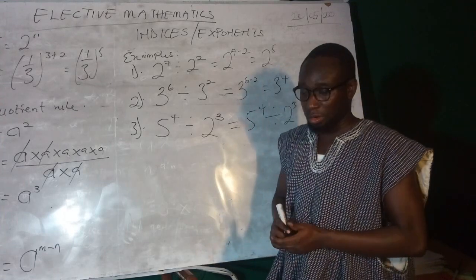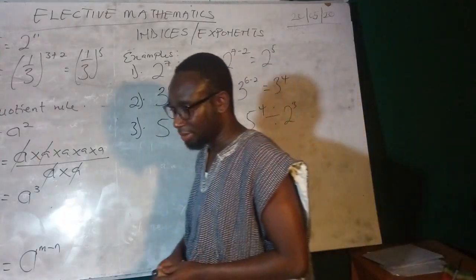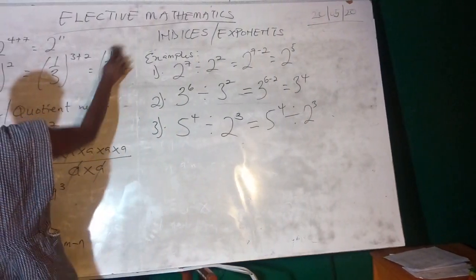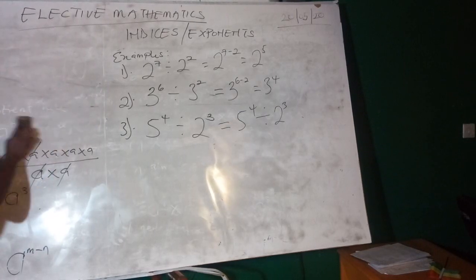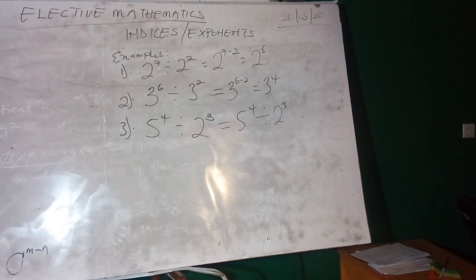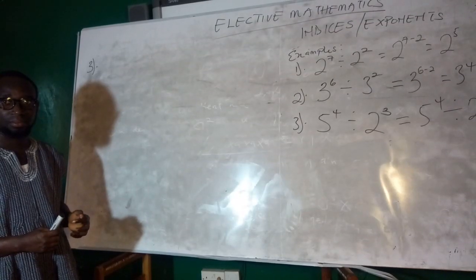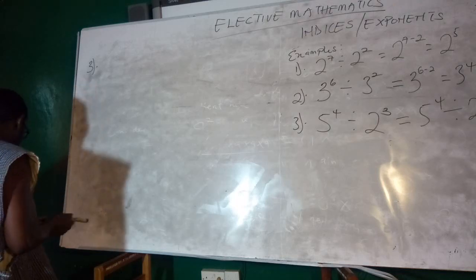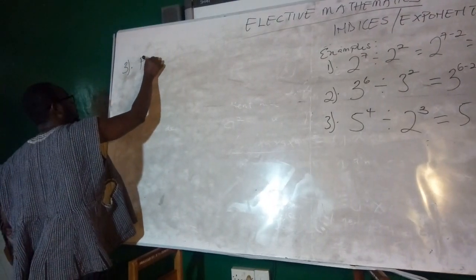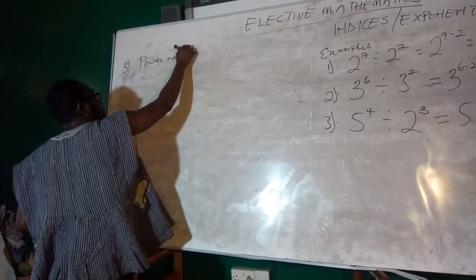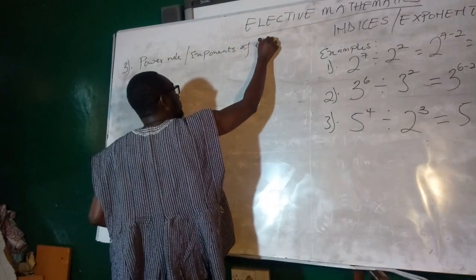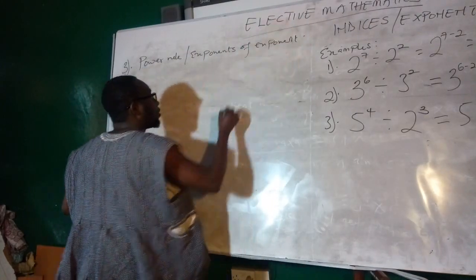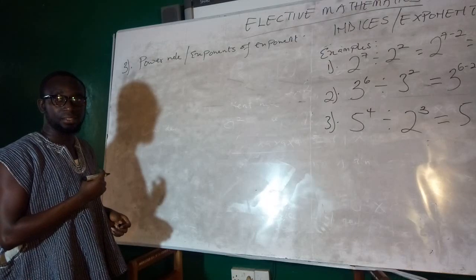Okay, now let's look at the third law. Okay, so the third law, we are going to call it the power law or the power rule, or exponents of exponents.